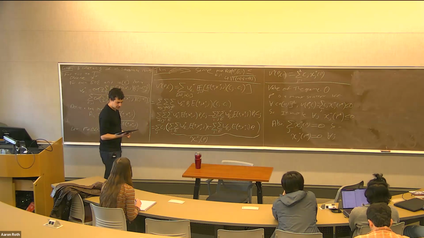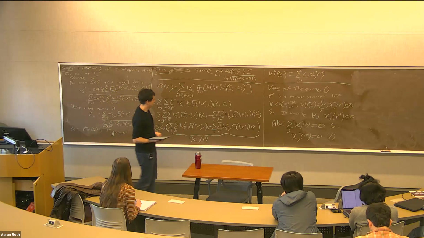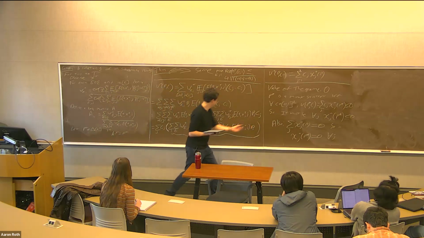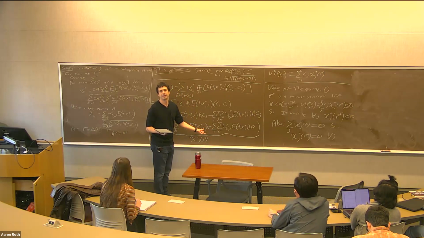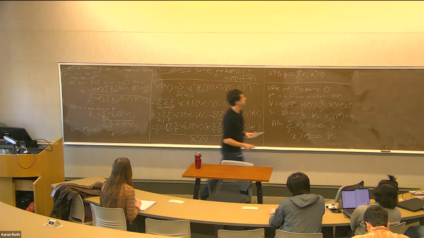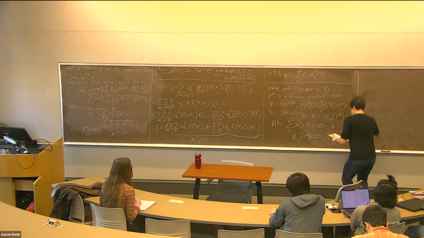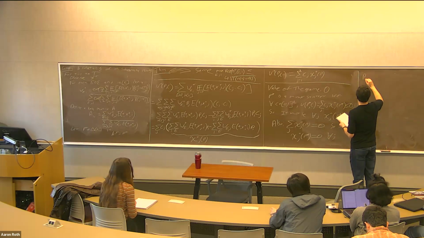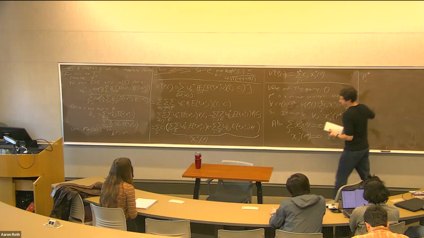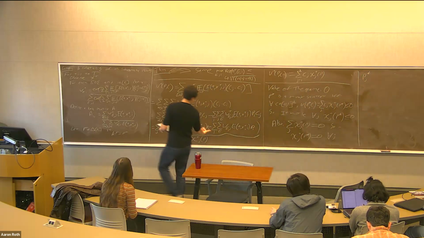And so let's set this equal to 0 and then isolate pj star. Let's just get an expression for pj star.